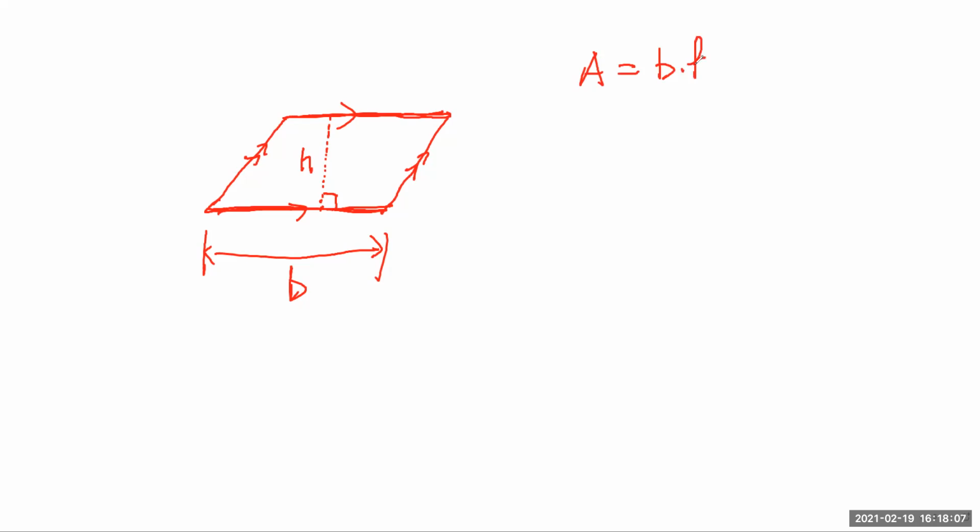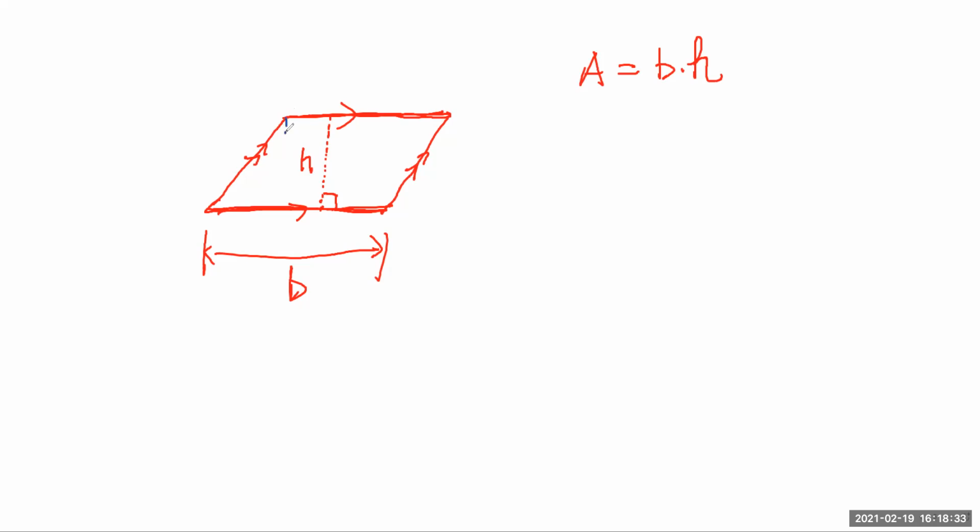The reason we can do that is because we can use something called scissor congruency. That means you can use scissors to cut it and make it into a different shape. As long as they are congruent, we have the same area. So let's look at why that is true.